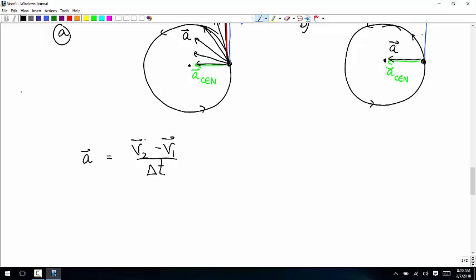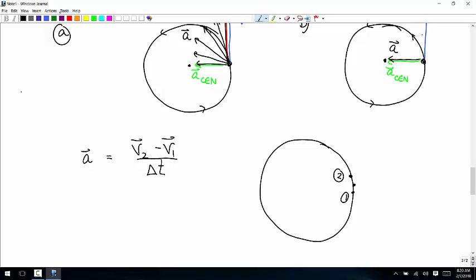That's because the acceleration is the time derivative of velocity. Let's think about two instants and see how that works. So here's our instant 1, and here's our instant 2.